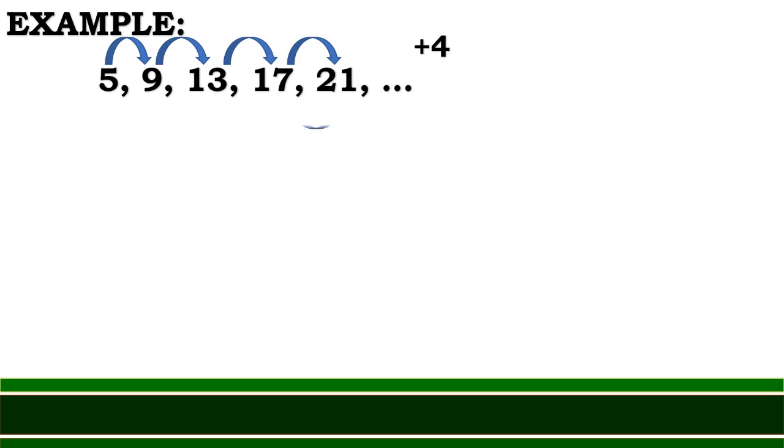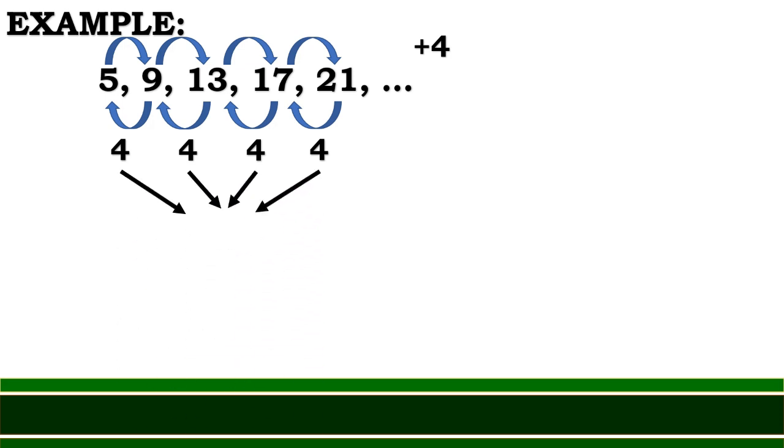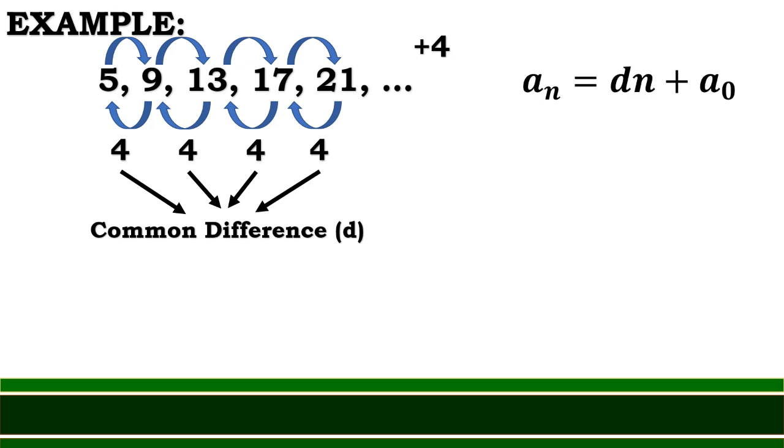How about its common difference? 21 minus 17, 17 minus 13, 13 minus 9, and 9 minus 5. So the common difference here is also 4. So again, 4 is the common difference for this sequence.